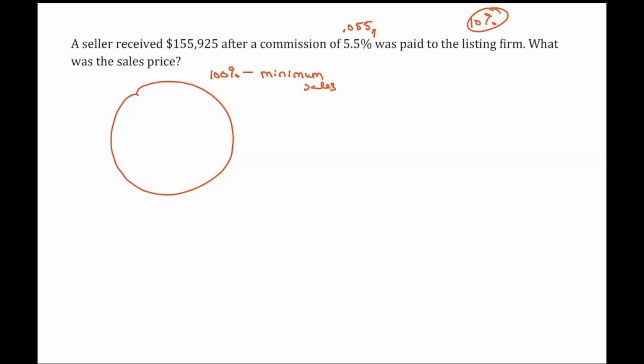And in this story, this seller is going to have to pay out a 5.5% commission and they need $155,925. So all of that together, the 155,925 plus a 5.5% commission equals 100% of their needed or their minimum price. Does that make sense? Yes.